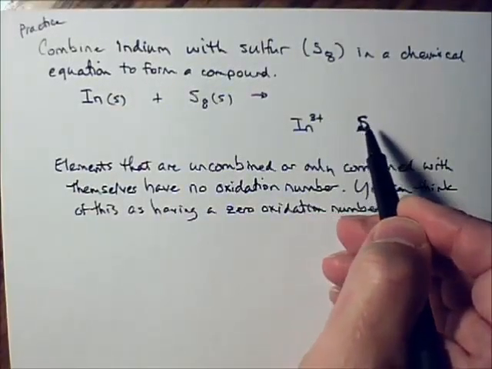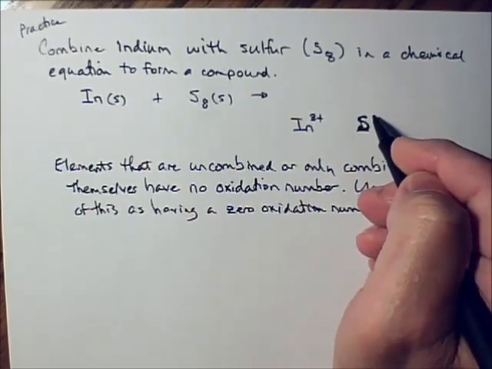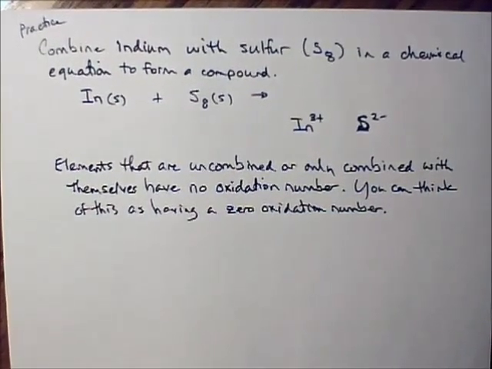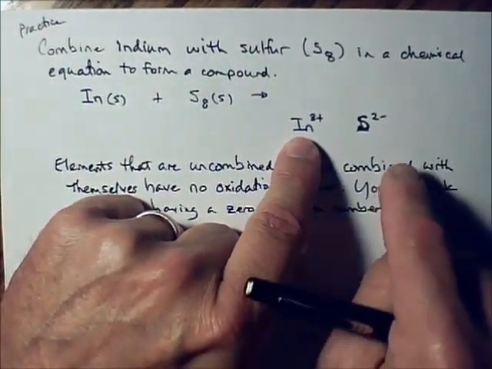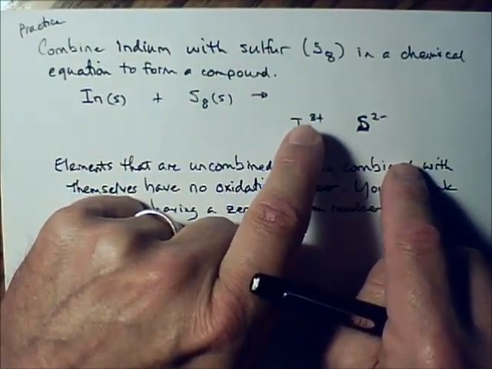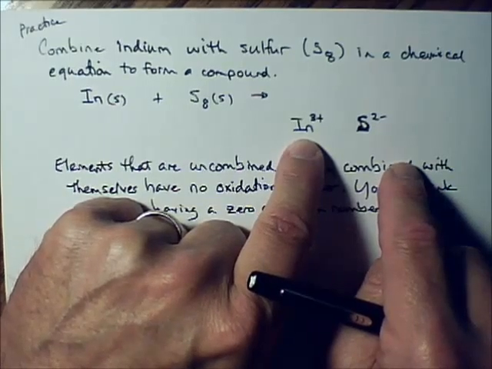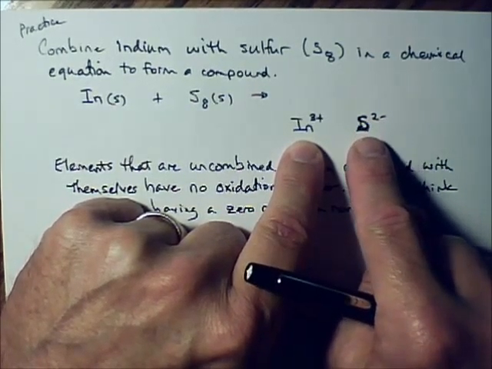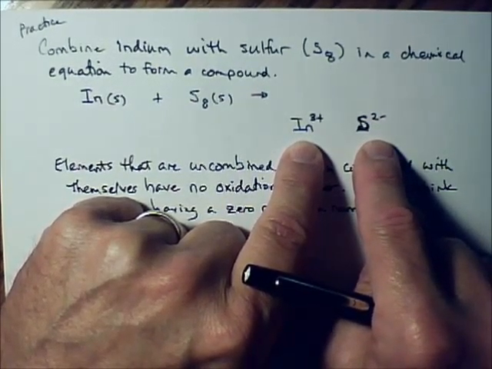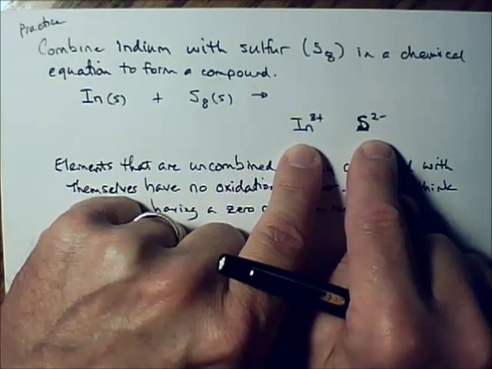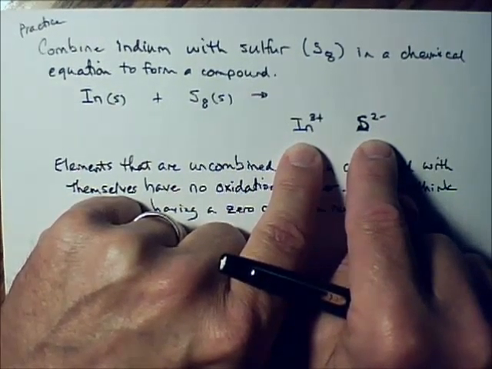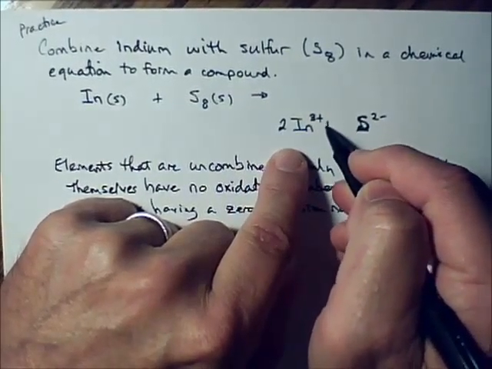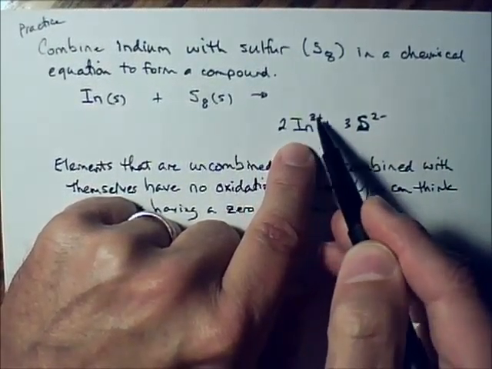Whatever number of these indiums I need, and whatever number of these sulfurs I need, to get the number of plus and minus charges to be the same. 2 and 3. 2 of these and 3 of these. 2 times 3 plus is 6 plus. 3 times 2 negative is 6 negative. That's an equal number of plus and minus charges.